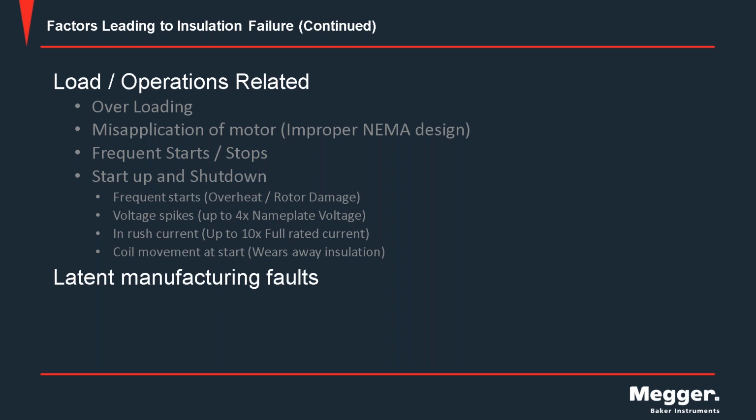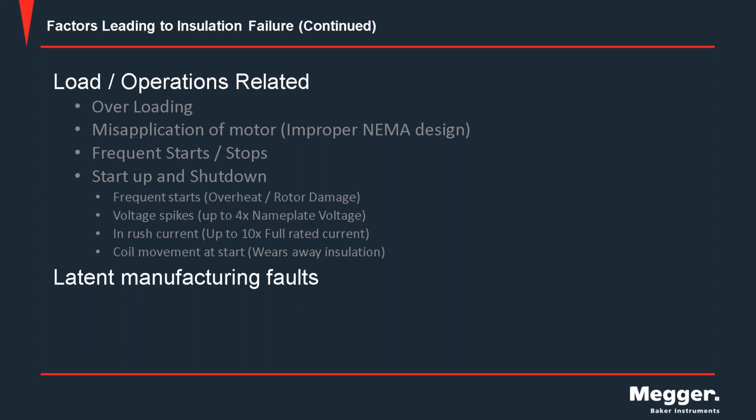Other things to keep in mind: latent manufacturing faults. Just things that are waiting for you, right? You buy a motor. If you don't test that insulation, you're making an assumption that you're being delivered a quality product. And maybe it was quality when it left the factory, but it sat on that truck. The truck got blown off the road due to a hurricane. You never know what's going on with that motor until you get it.